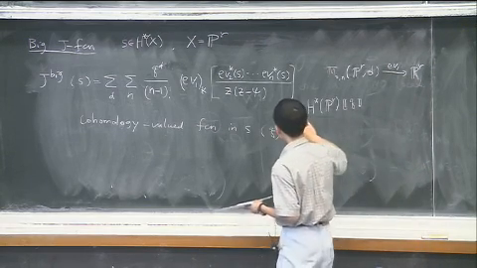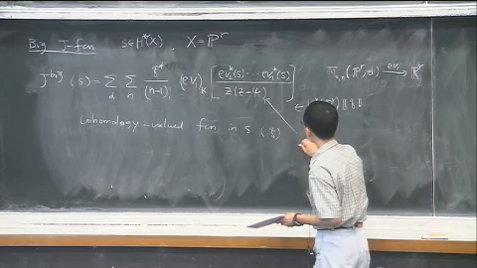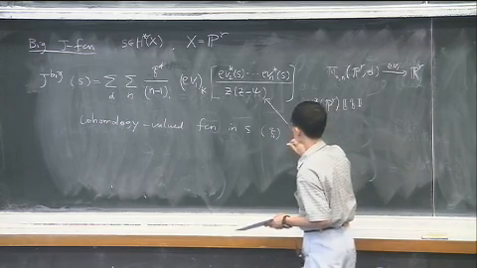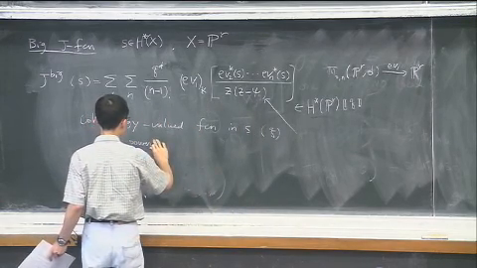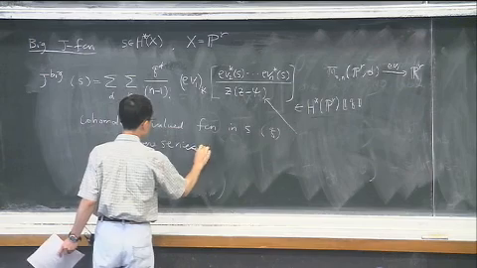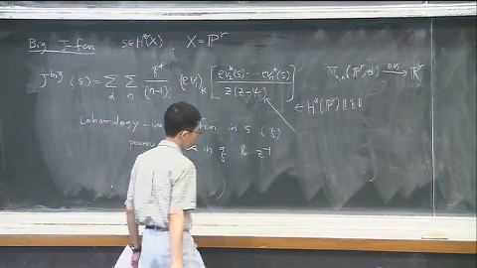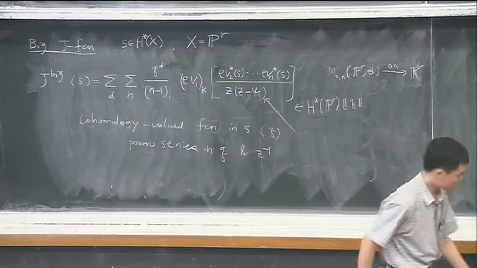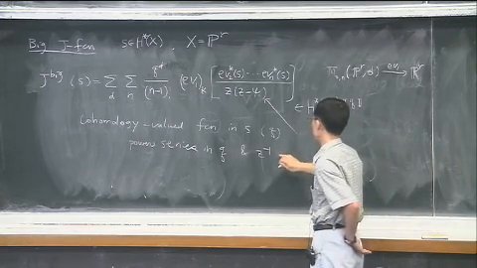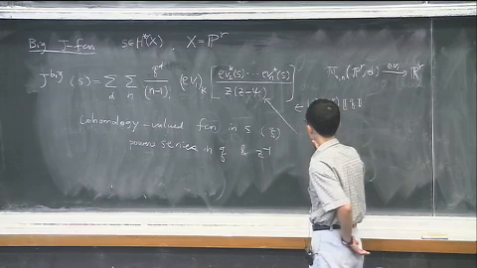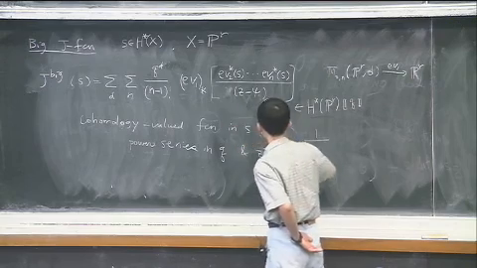I will explain this notation: this is also a power series in Q and Z inverse. For each fixed Q, this Z inverse comes from the fact that I'm writing this.